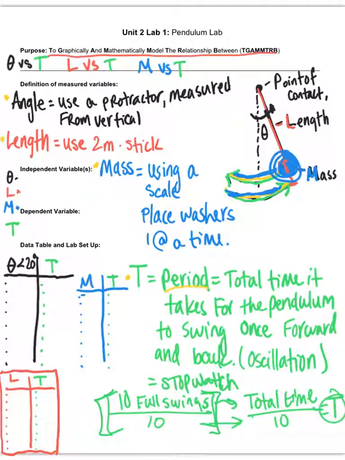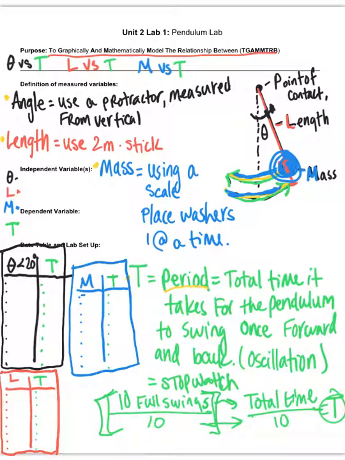And then you can pick either your angle experiment or your mass experiment. I'd like you to talk to your neighbors and choose a lab that's different than theirs. But everyone's going to do the length, and then you're going to choose either this one or this one.